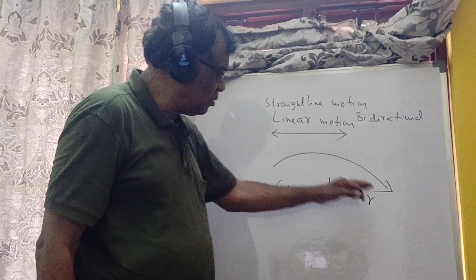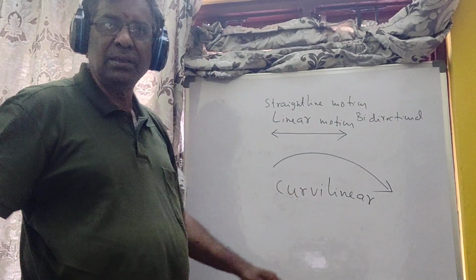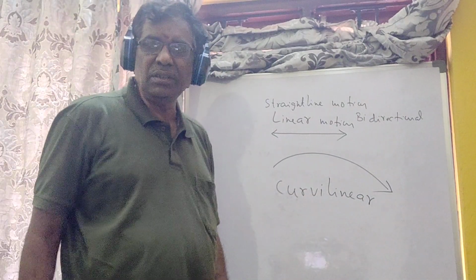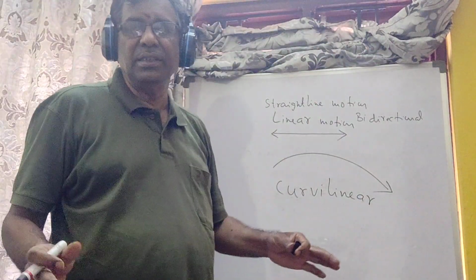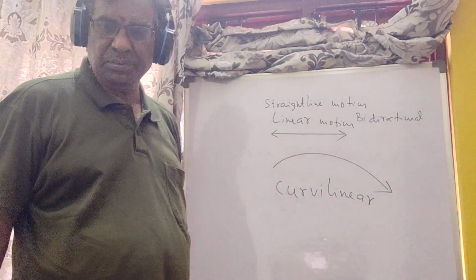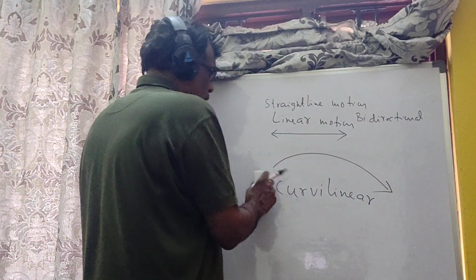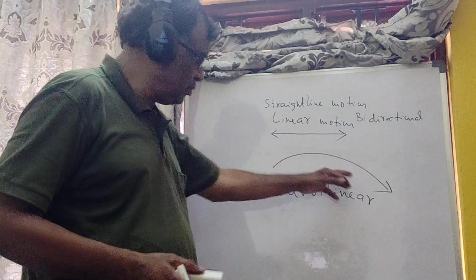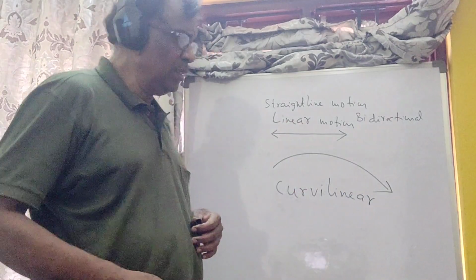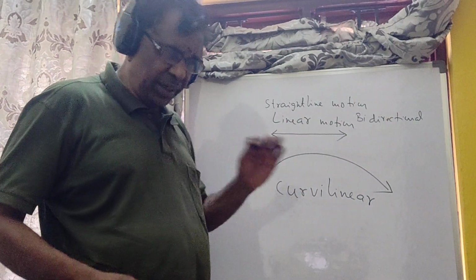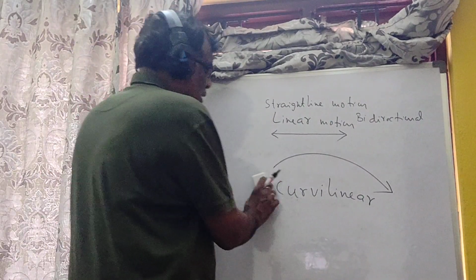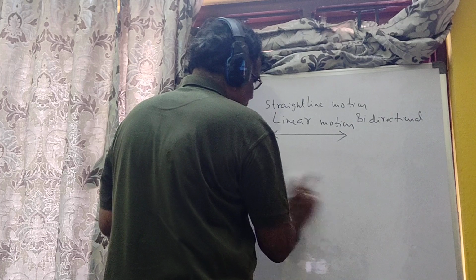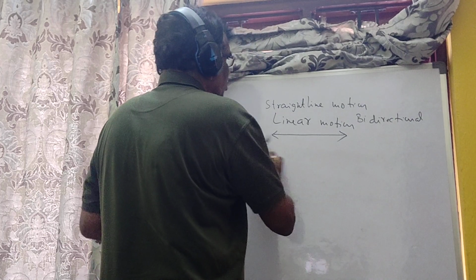So, curvilinear motion in a plane is called 2D motion, and curvilinear motion in 3D space is called 3D motion. This is how we define it. We do not discuss curvilinear motion for the time being. We confine all our attention to 1D motion till I say otherwise.